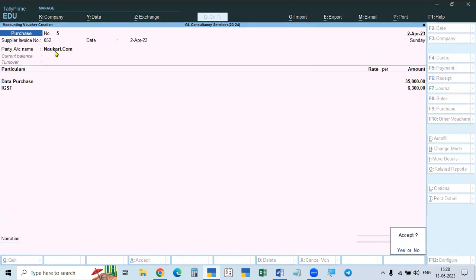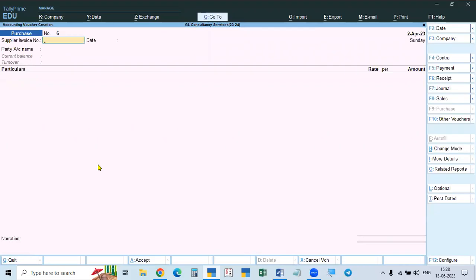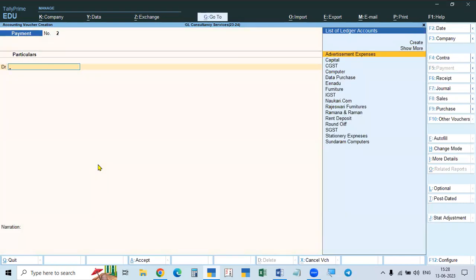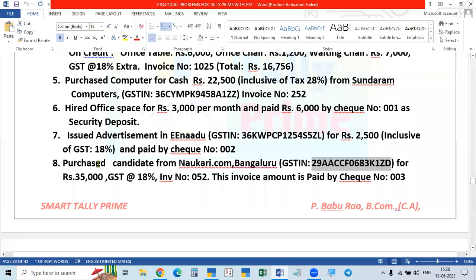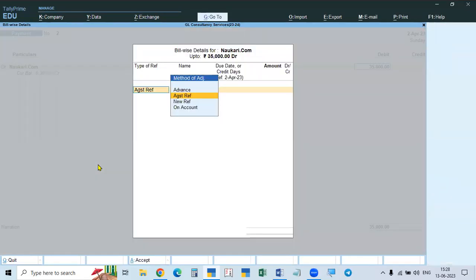Now, if we enter like this, immediately, see, we paid the amount by check. So immediately we have to show the payment entry. So debit Naukri.com. How much you paid? 35,000 rupees paid against reference. Why are we paying? Against the bill which you entered, against that bill, see against reference. So in the case of new bill, it comes out as a new reference.